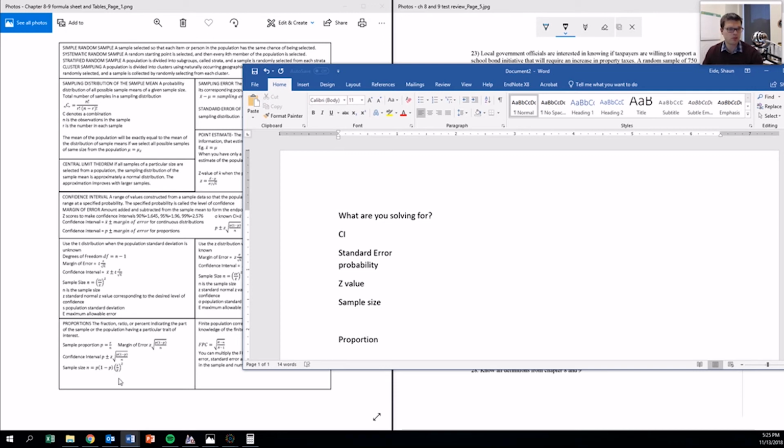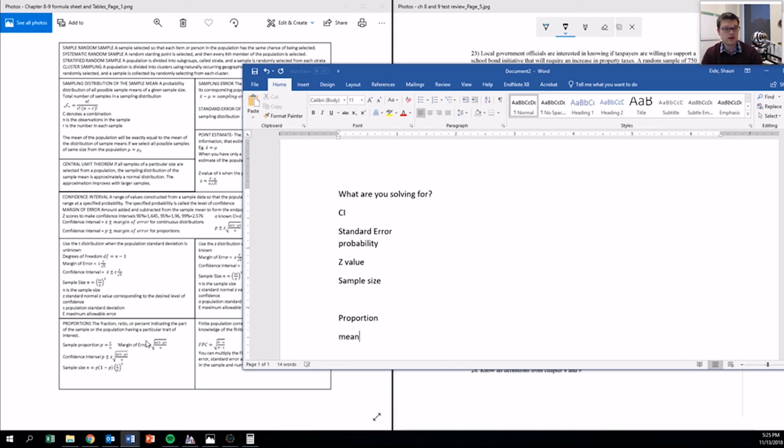After that, look for: do you know the population standard deviation or do you not? If you know the population standard deviation, then you use the z distribution. If you do not know the population standard deviation, use the t distribution.